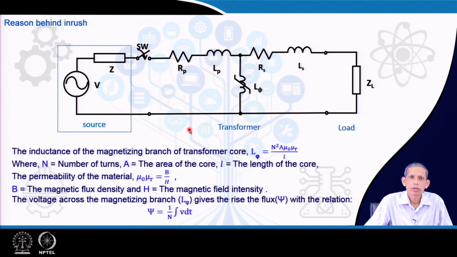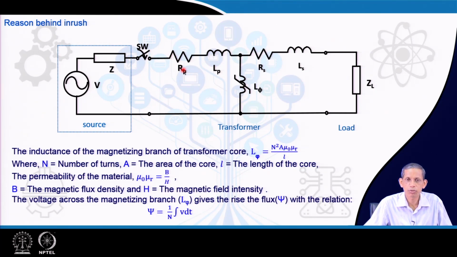Now, we will see why this large current happens during the transformer energization, and we will try to analyze quickly on a transformer case. So, this is a source with its own impedance, the Thevenin's voltage and Thevenin's impedance. This part is the transformer.